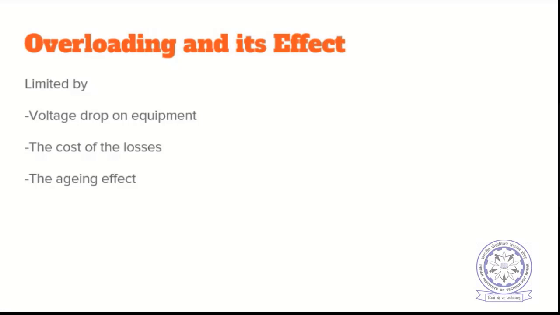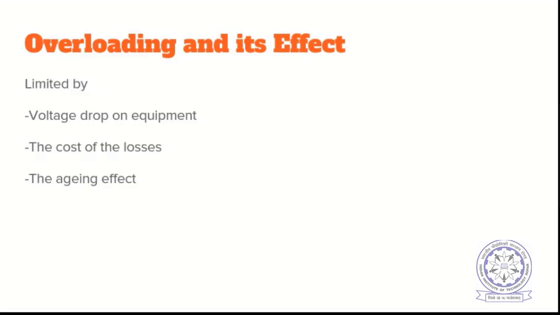And the last one, the aging effect. Okay, losses will increase, and even if the first two can be tolerated, can you tolerate the third one? The third one is even more severe actually. What is the aging effect? If you have overloaded a transformer, heat is developed continuously, but its designed temperature is only so much, and your actual temperature under present load conditions has increased.